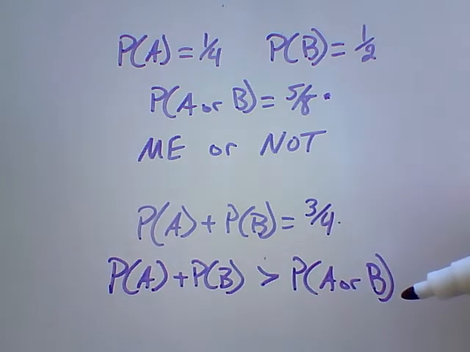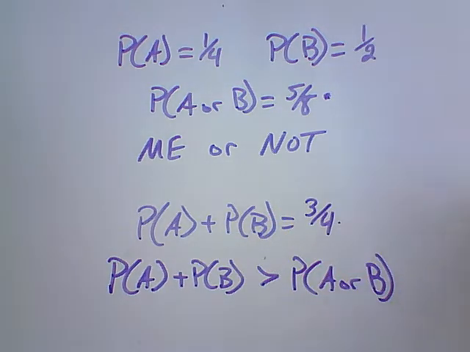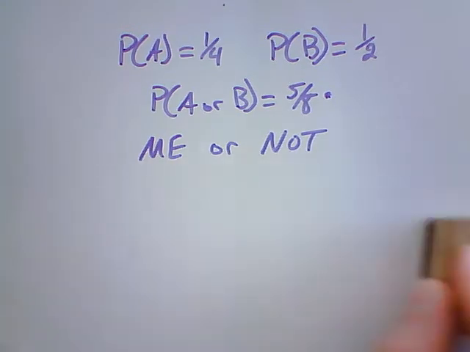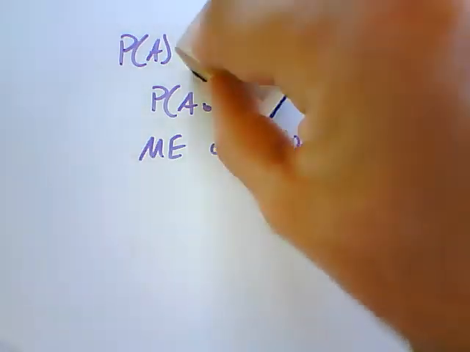If it's not mutually exclusive, then the probability of A or B is going to be less than the probability of A plus the probability of B. Or the probability of A plus B is going to be bigger than the probability of A or B. We'll do another one.